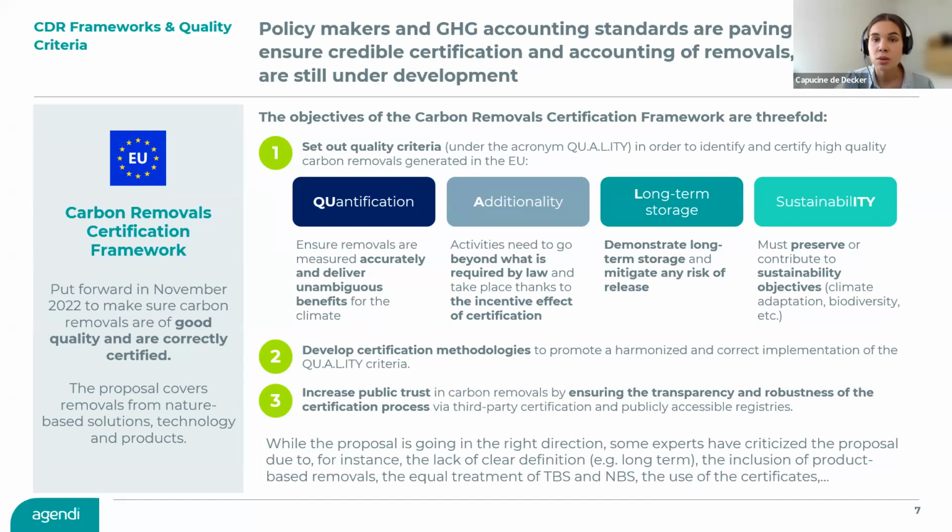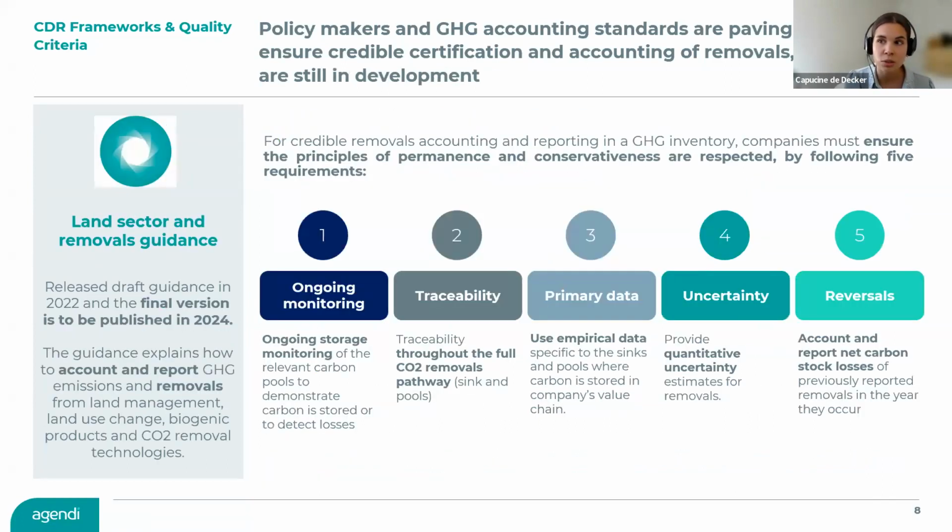As we mentioned, one of the 4 criteria is quantification, and so that brings us to the second, let's say, standard, which is actually the guidance of the land sector and removals from the GHG protocol. And so indeed, this one is really focusing on the accounting and reporting of removals, amongst other things, because it does touch upon other aspects.